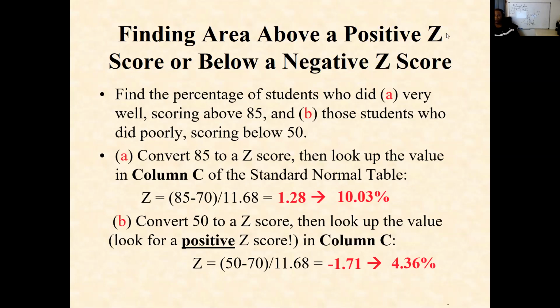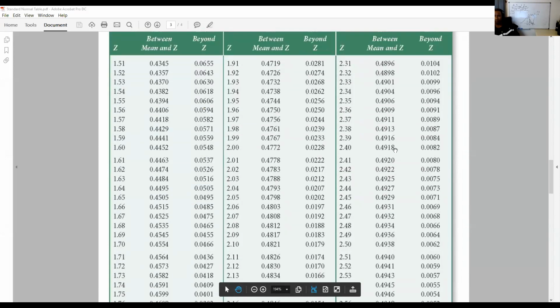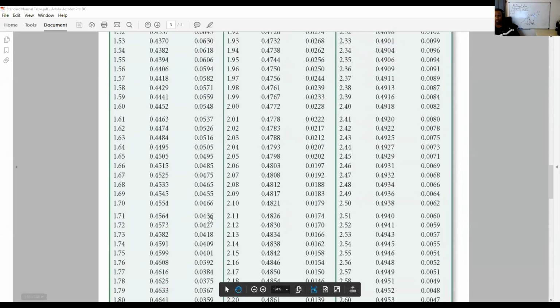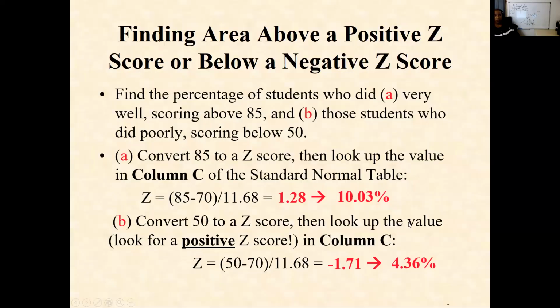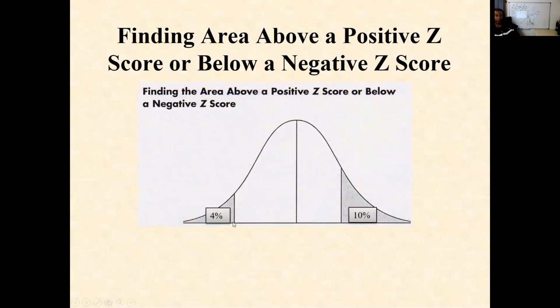So if we go over there, we find 1.71. You're going to see a proportion of 0.0436, which if you multiply by 100, is going to give you 4.36%.